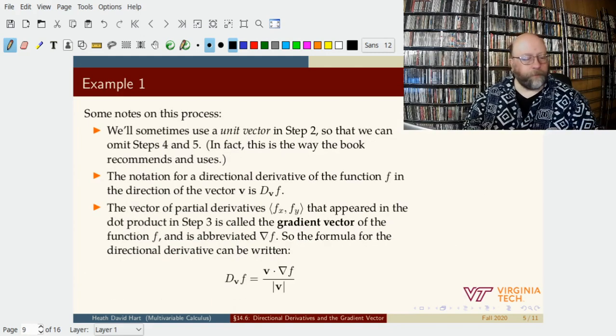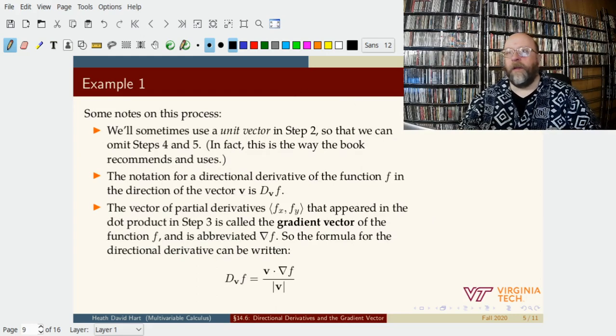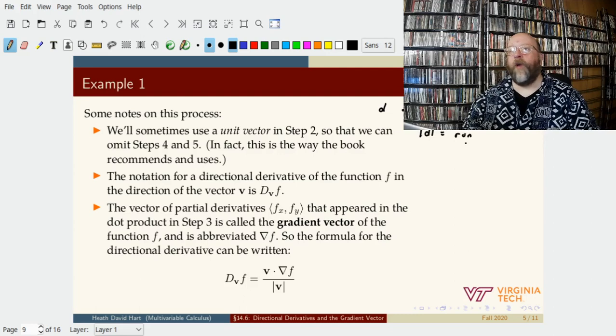So what we did was we calculated the vector of the partial derivatives, and we took the dot product of that with a direction vector, and we got the rise. Then we took the magnitude of the direction vector, and we got the run, and then the directional derivative.